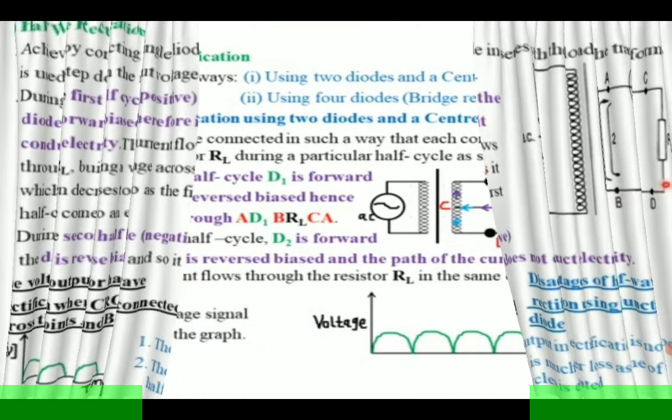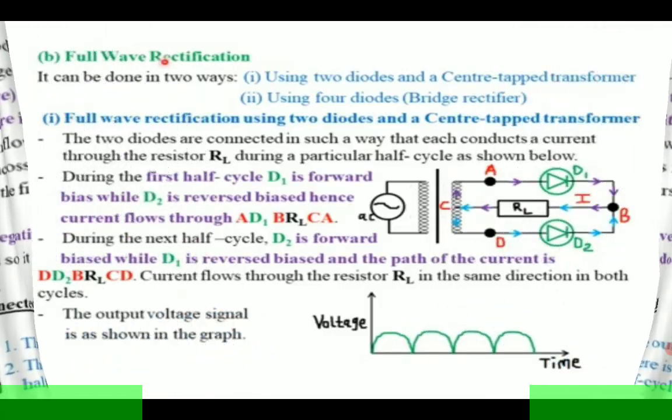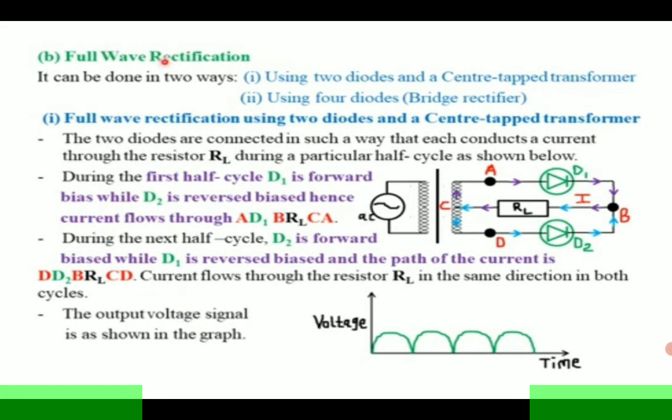Alright, so in order to overcome the power loss by use of a single diode, or half-wave rectification, let us look at how that can be overcome by using a full-wave rectification approach. A full-wave rectification, take note, is done in two ways.